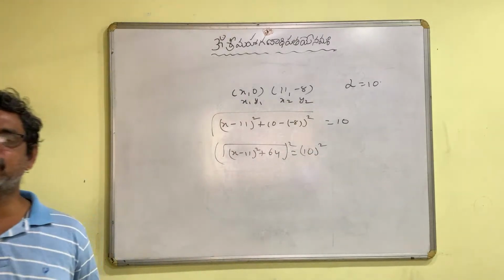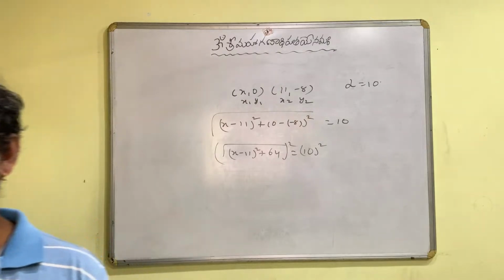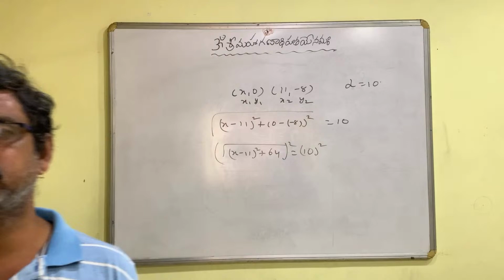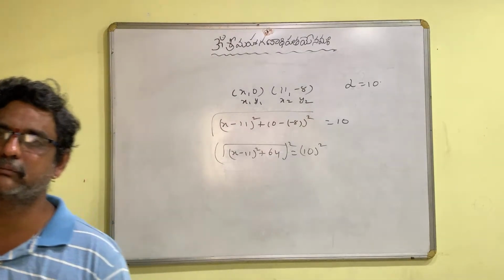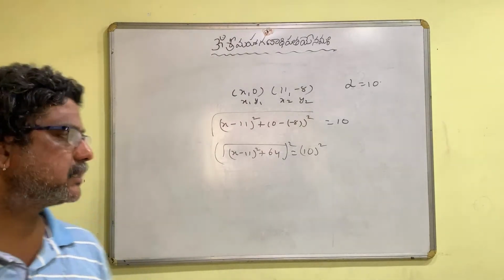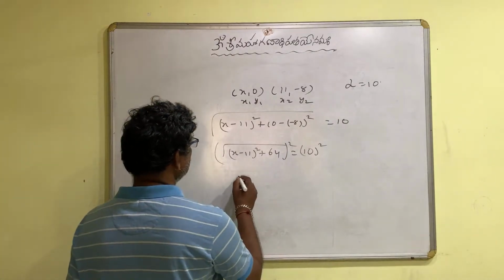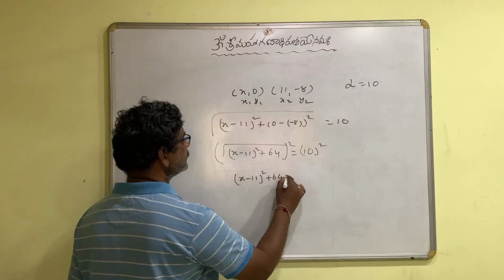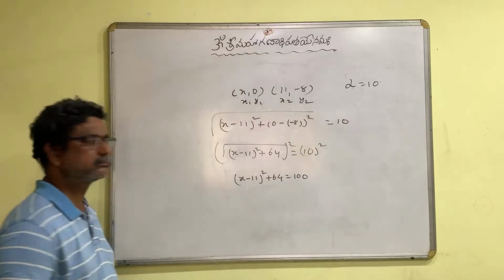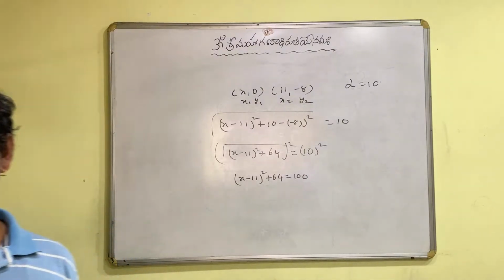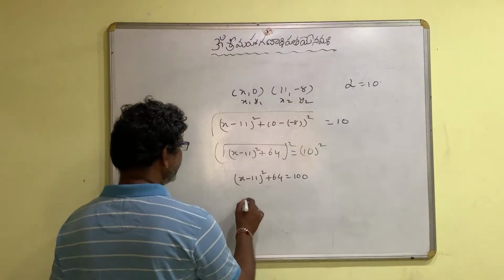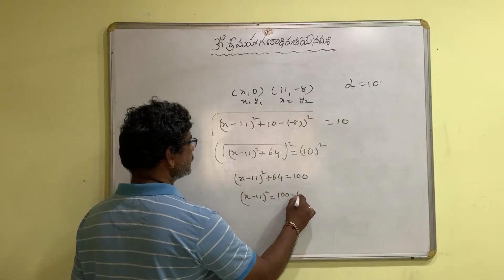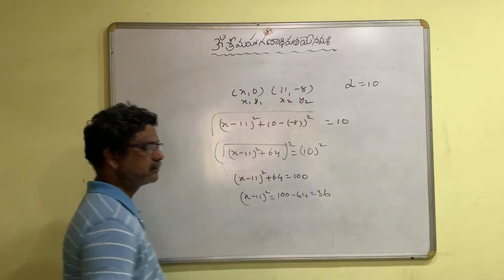Do squaring on both sides. So what you will get? X minus 11 whole square plus 64 is equal to 100. Then what is x minus 11 whole square? 100 minus 64, which is 36.